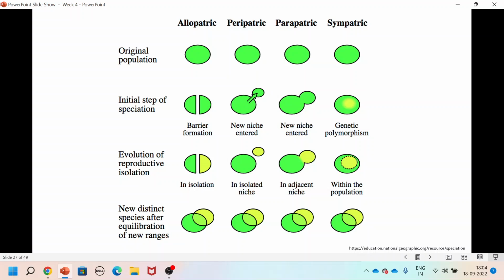Individuals are more likely to mate with particular individuals which are present in the vicinity of their geographic region, due to which the two different groups, although not geographically isolated, but still present at a distance from each other, accumulate different genetic changes leading to reproductive isolation, and thereby new distinct species are formed after equilibration of the new ranges.